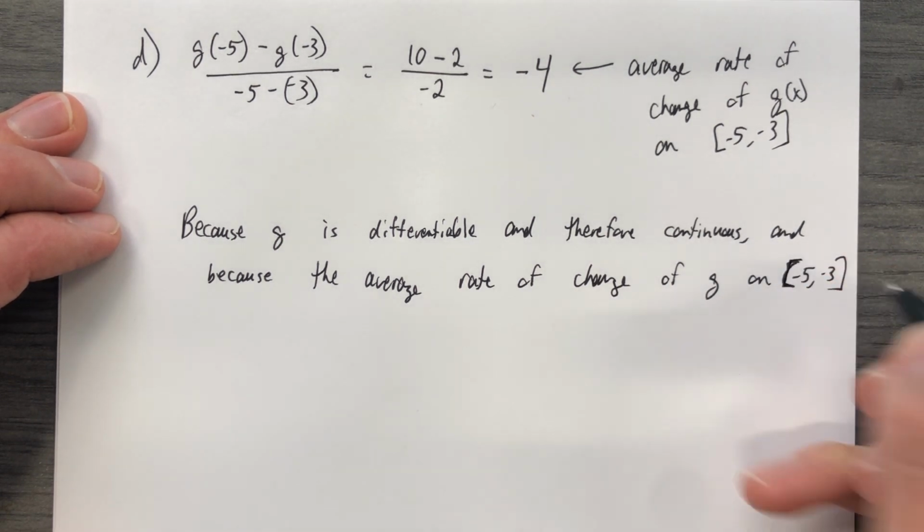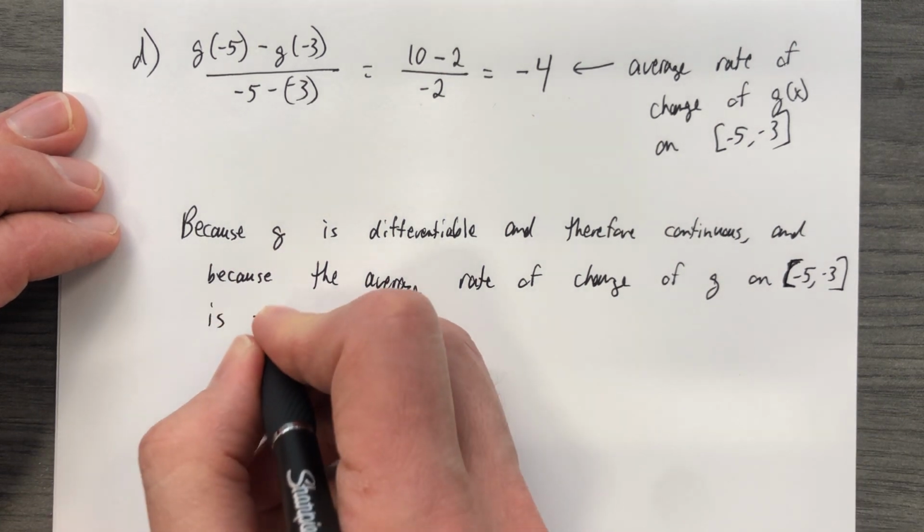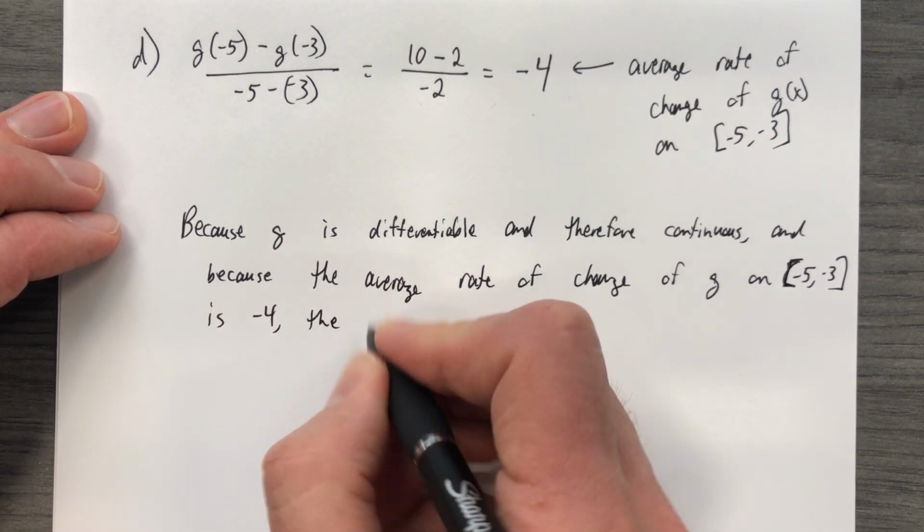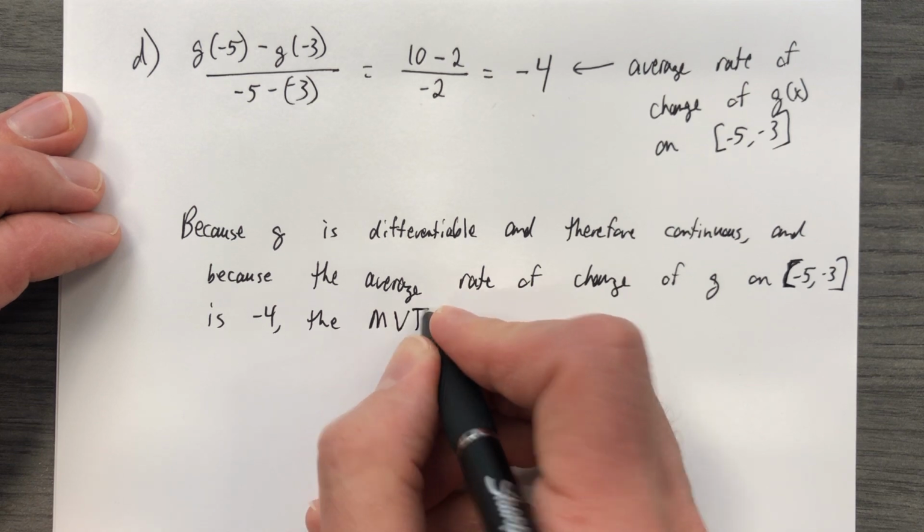Ugly brace there. Is -4. The mean value theorem applies.